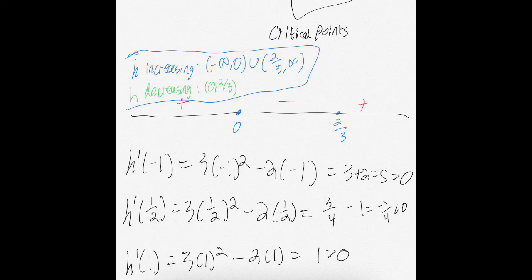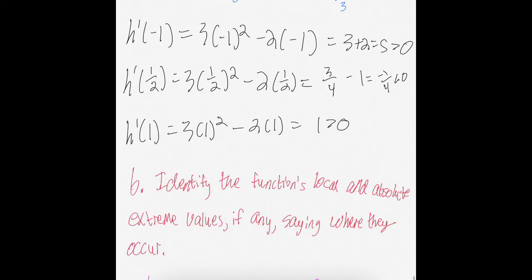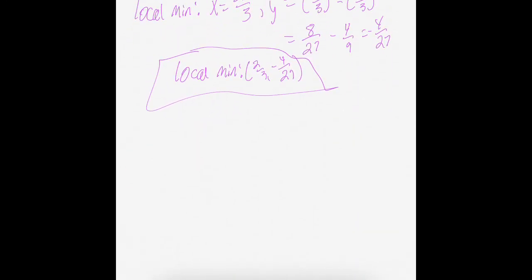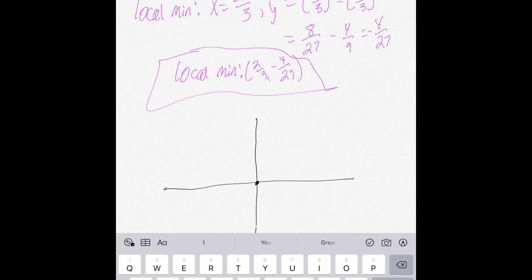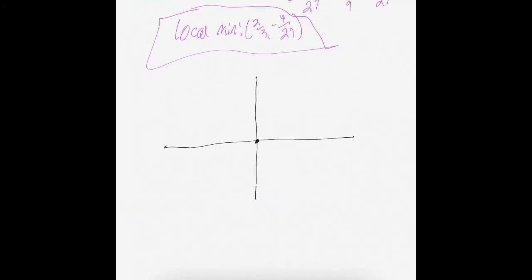Okay, so I've got a local min. I've got a local max here. But I don't know what's happening as we go off to positive and negative infinity. I mean, we can figure it out, but the derivative information doesn't quite tell me enough. Right? I know that it's increasing to the left of 0. So let's sketch a quick picture with the information we do know. So we have this point (0, 0).